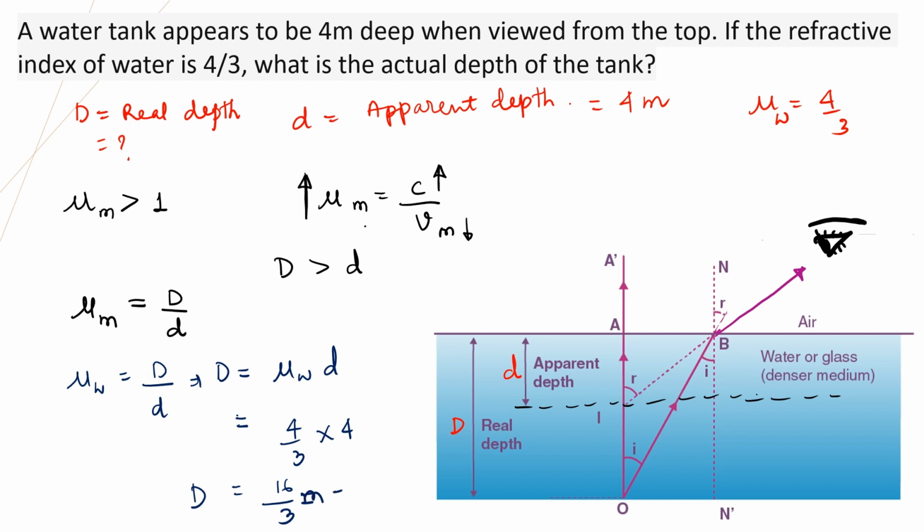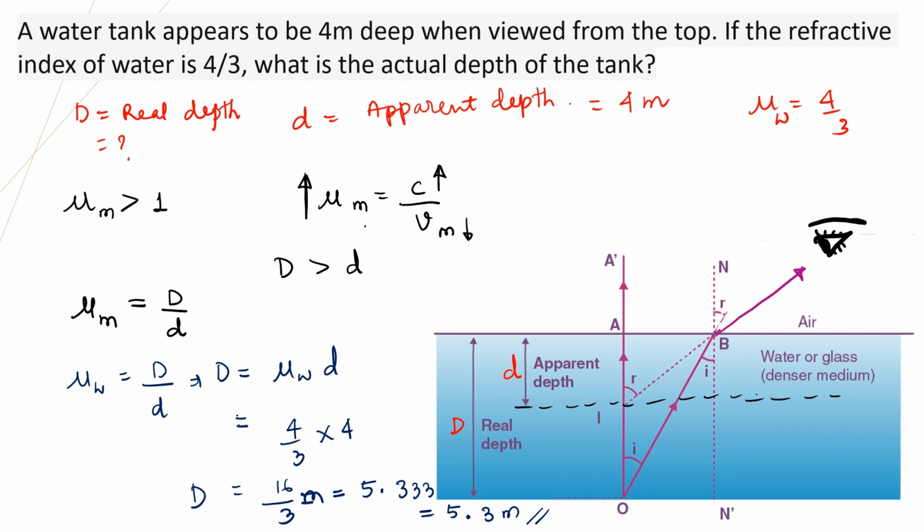Or if you want, you can write it as 5.333 and so on. I'll write it only up to 1 decimal digit. So this is 5.3 meters. So the real depth of the water is 5.3 meters and it appears to be 4 meters because of refraction.